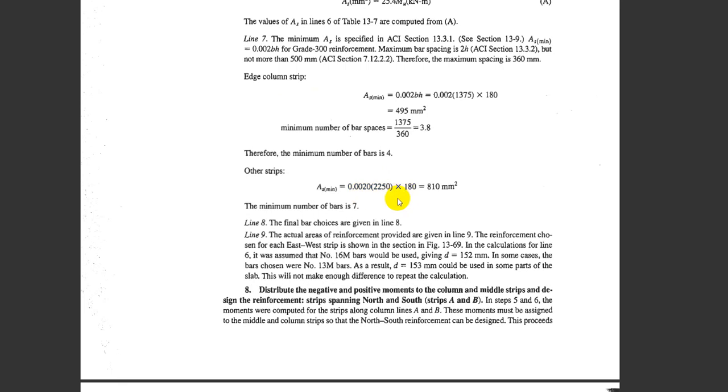See, this is a, if you use a 16 diameter rebars, then you may only need less than 3 rebars to satisfy the minimum slab rebar requirements.